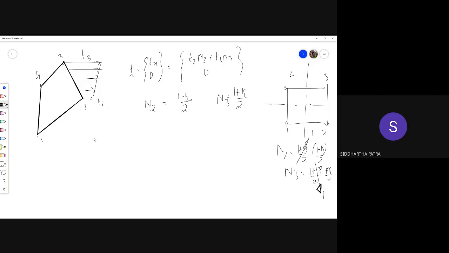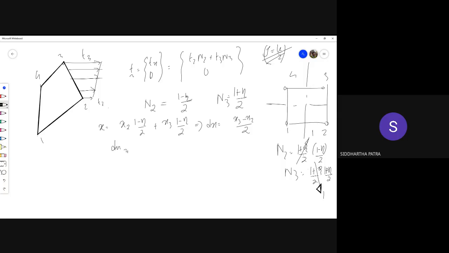Similarly your x is x2 times (1 minus eta)/2 plus x3 times (1 plus eta)/2, which gives us dx equals (x3 minus x2)/2 d eta. Just like in a linear bar element, J is Le by 2, similar to that, but don't be confused with that.